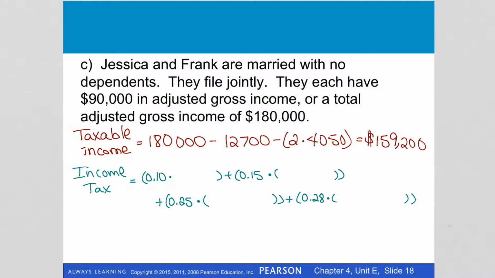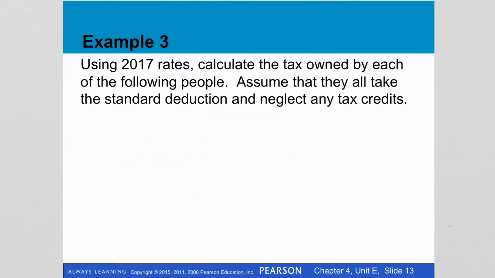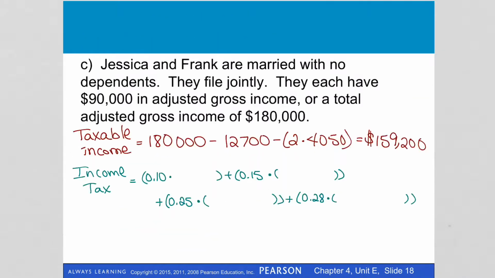Okay. I'm just going to flip back once, and we won't do it every time. So the first one is up to $18,650, then $79,900, then $153,100. So the first 10% is on $18,650.